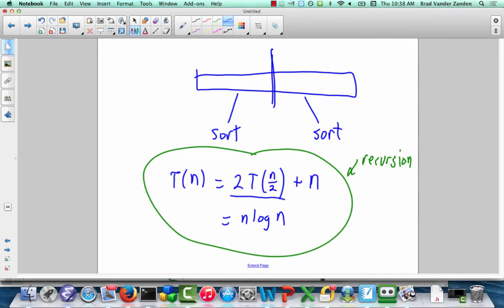There were 2 halves, so we were calling the recursive function twice. And then when it came back, we have a merge where, if this is, say, 1, 5, 7, 8, 9 after it's sorted, and this is 2, 4, 6, 10, 11, 12, we have to go through each half and merge them together. So this is order n work.